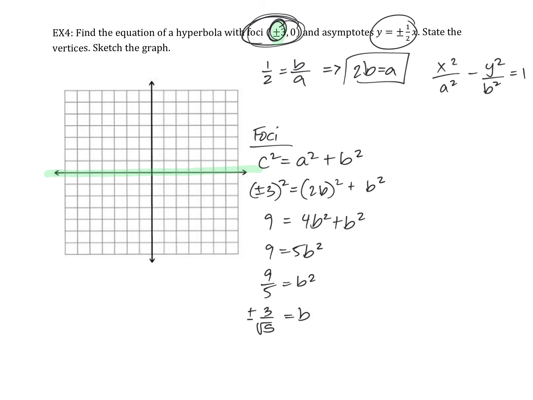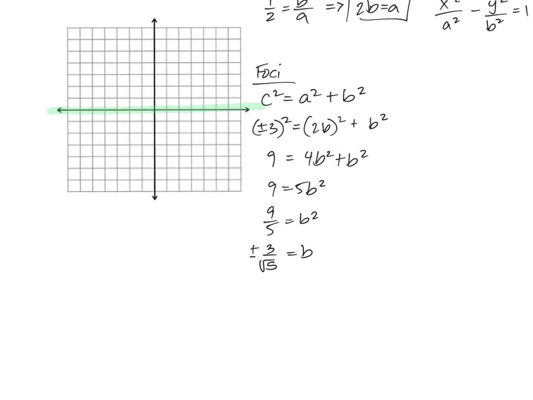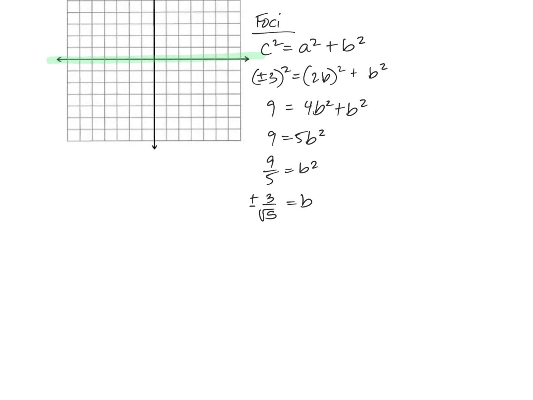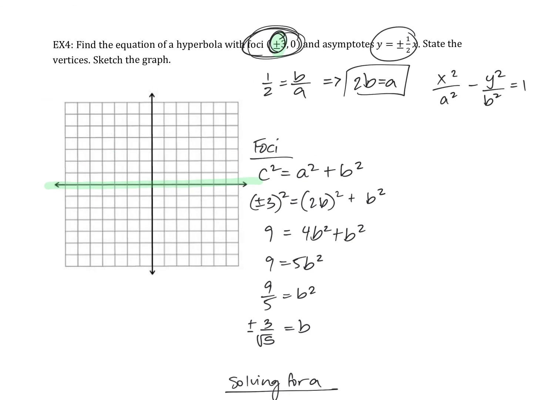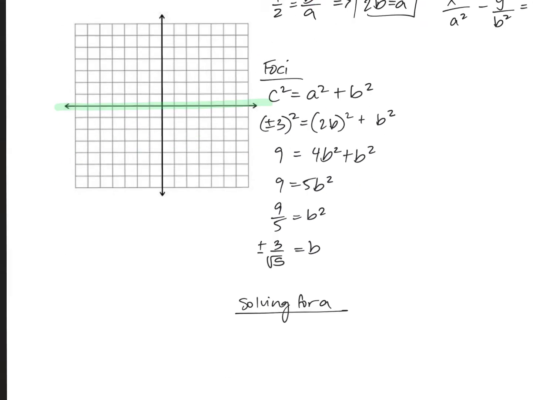Okay, and then how do we find out what a is? Let's go ahead and do solving for a. We know with our equation above that a is equal to 2 times b.